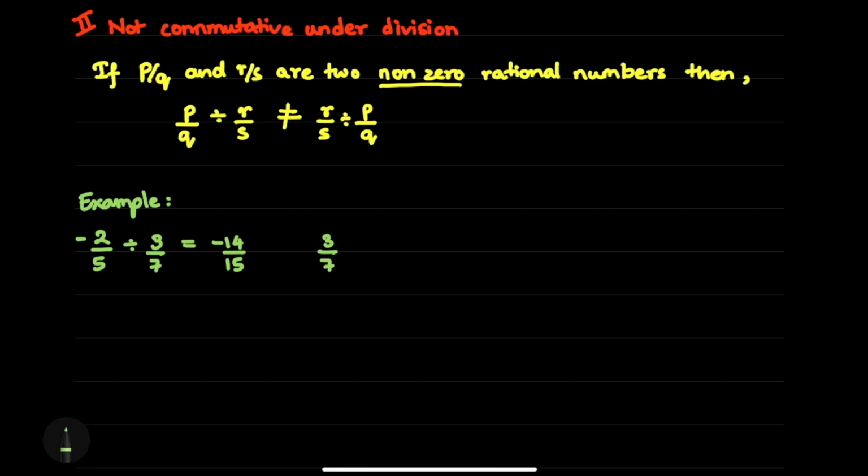And now let's calculate 3 by 7 divided by minus 2 by 5, which comes out to be 3 into 5 divided by 7 into minus 2, which is equal to 15 divided by minus 14. As these two values are not the same, we verify that the commutative property under division does not hold.